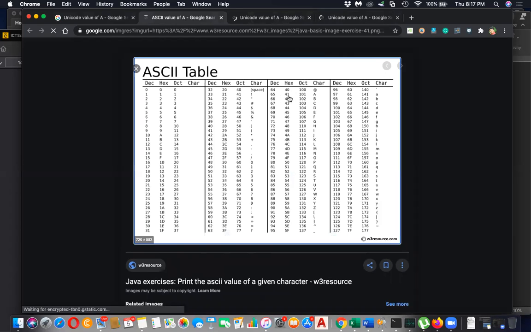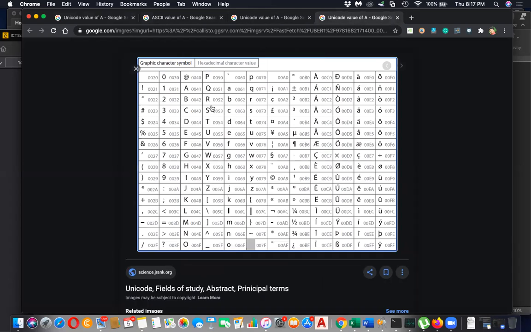In hexa, it is 41. In octal, it is 101. In decimal, it is 65. Here, in Unicode, it is 0041 in hexa. Again, 65. But Unicode has many more characters than ASCII. Anyway, this is called encoding.